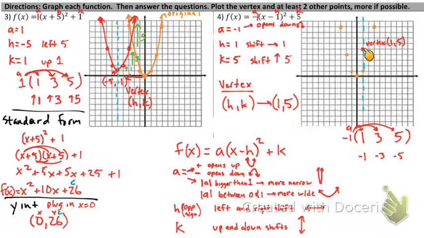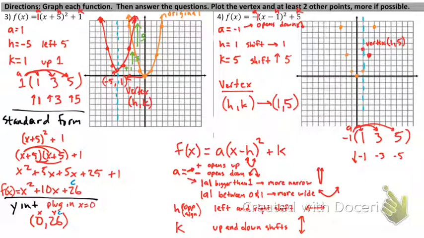How do we use this? From our vertex, we go right 1, and down 1. That's where my second dot goes.